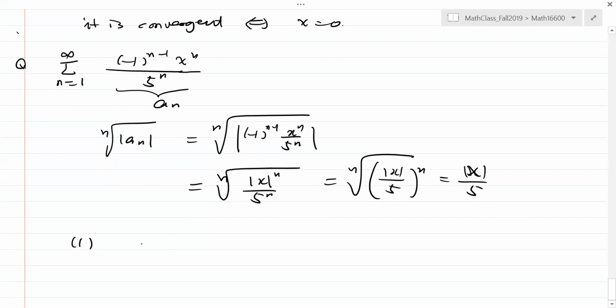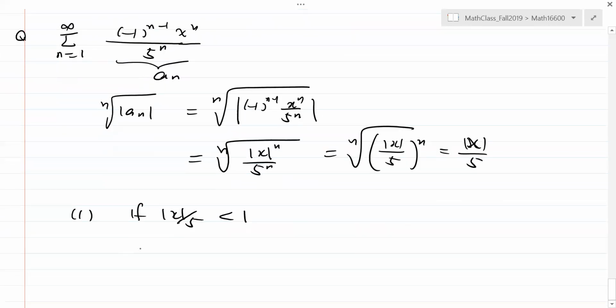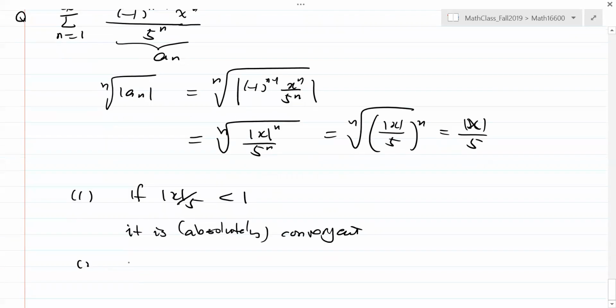So we know that if absolute x over 5 is less than 1, the series is convergent. It is absolutely convergent. And if absolute x over 5 is greater than 1, it is divergent.